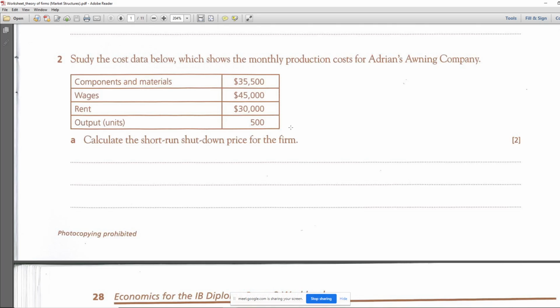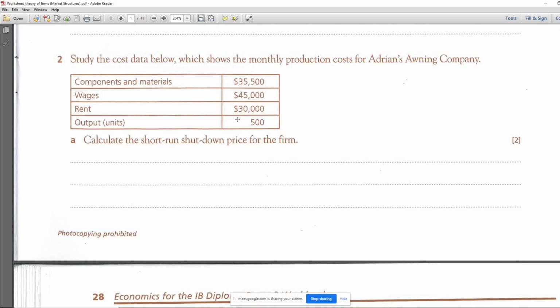Using this output, are we able to find the minimum average variable cost?